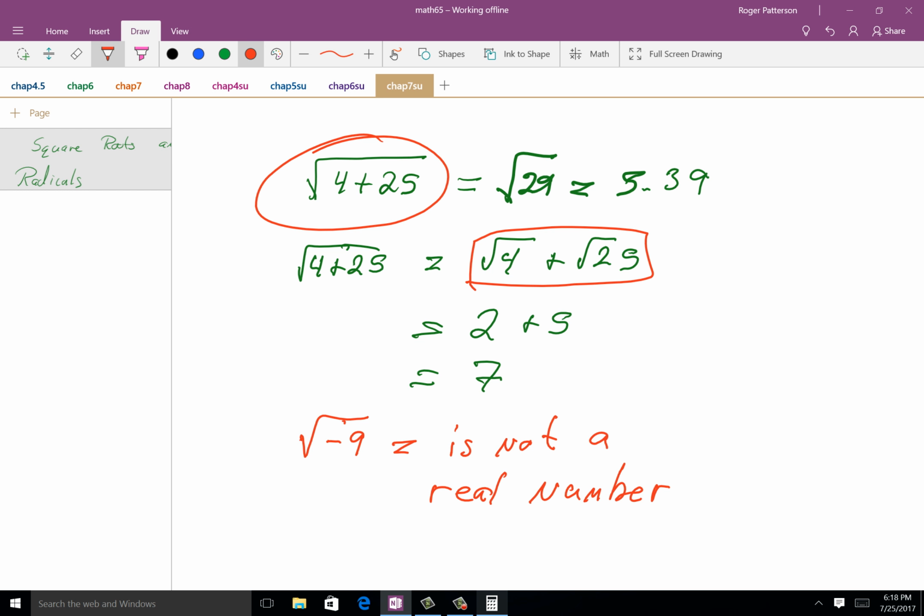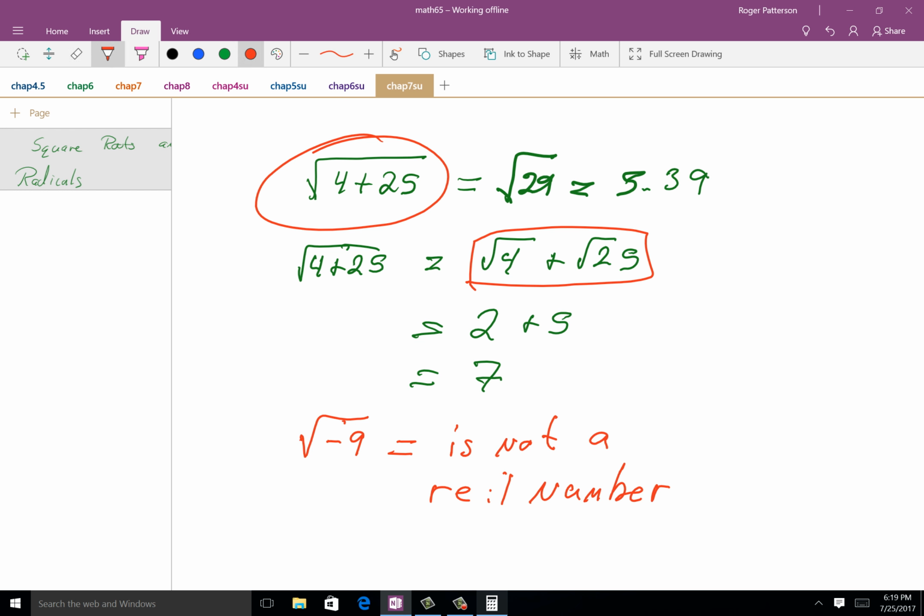So what does that exactly mean? Okay, you might recall from Math 60 and Math 20, I think, if you were in any of those courses, that real numbers are all the numbers in the number system. So any number that we can think of, that's called a real number. All right.